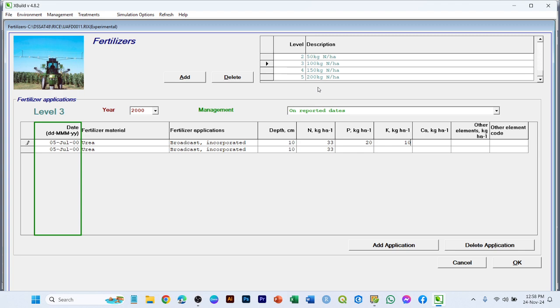Similarly, say for example, some experiments are for calcium. You can mention it over there. Say for example, other elements, you can mention them over there. No worries. Understand? Any type of nutrients.